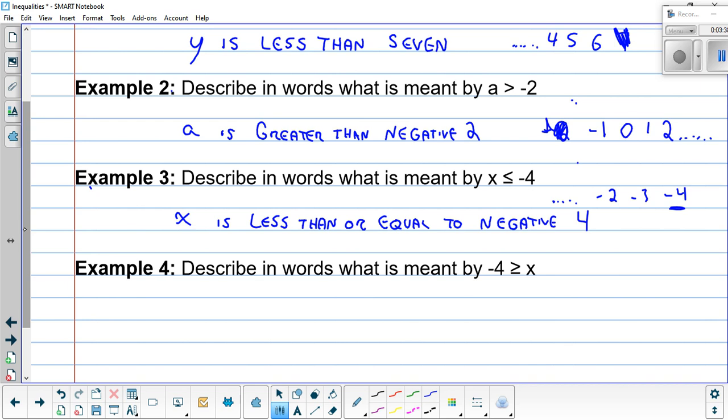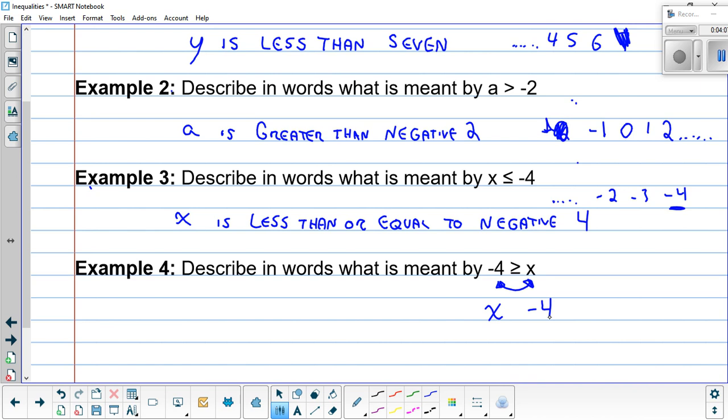Last example we're going to do is -4 is greater than or equal to x. I've always found that these are just awkward. So what we can do is swap these two around, so we can say x something -4.